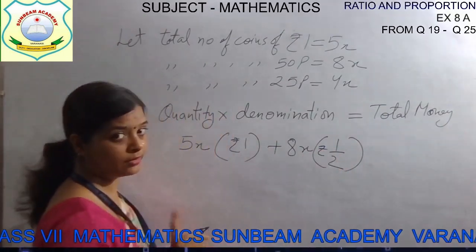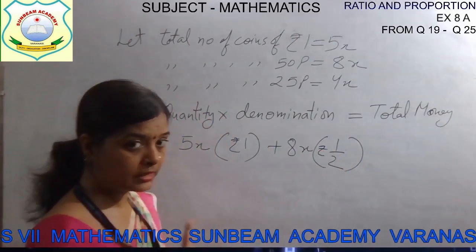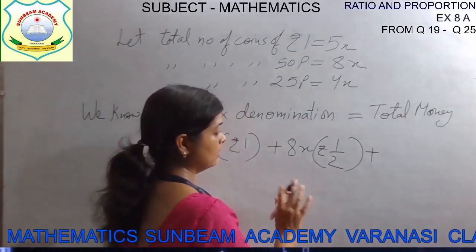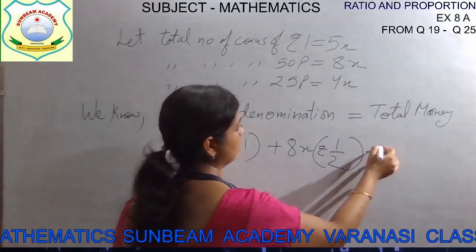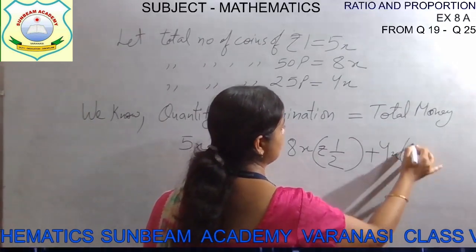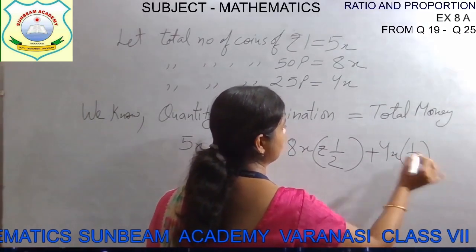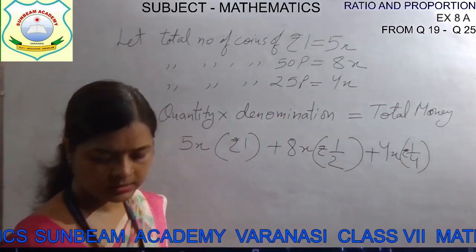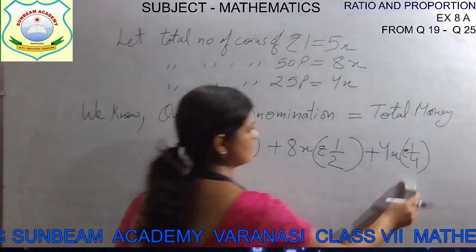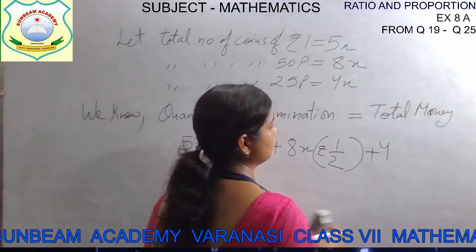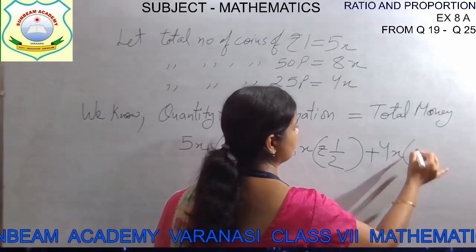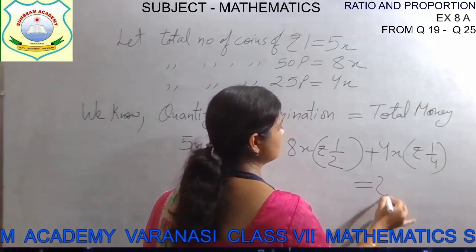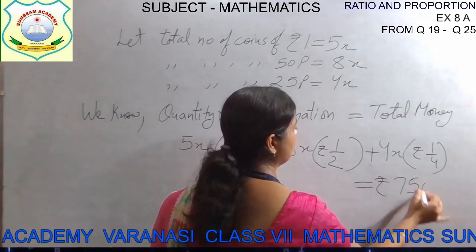Children, I am not writing in paisa, otherwise we can't add them. We have to take it as the same single unit. Then plus 4x. 4x is of 1/4 rupees, which means 25 paisa. Let me write it properly: 4x into rupees 1/4. That is equal to rupees 750.